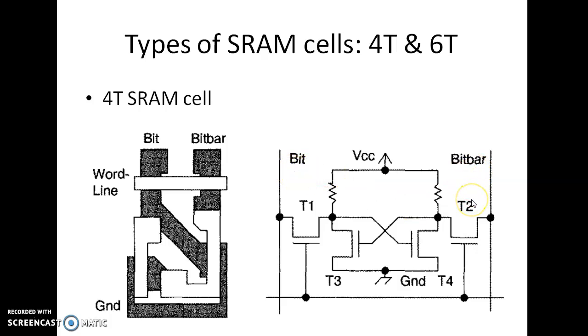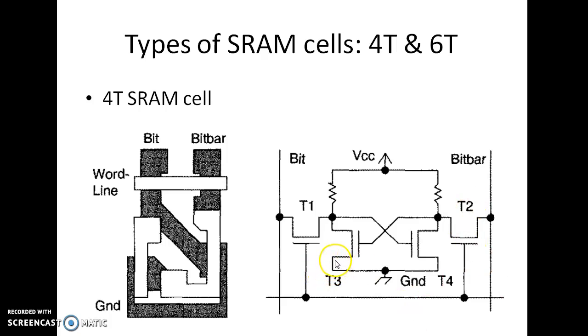The outputs are complements of each other, as in the concept of a flip-flop. So instead of using a flip-flop, we will be using simple MOSFETs as a bistable element. These cross-coupled inverters are also referred to as bistable elements because they have two stable states, that is logic 0 and logic 1.